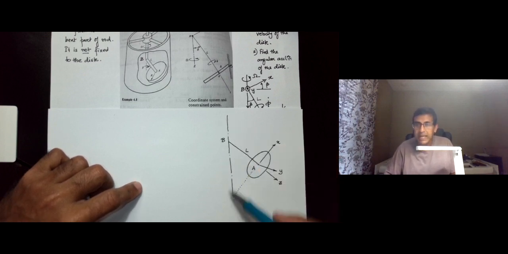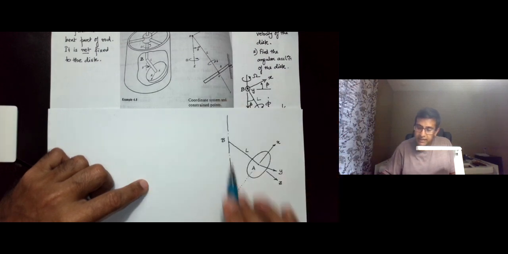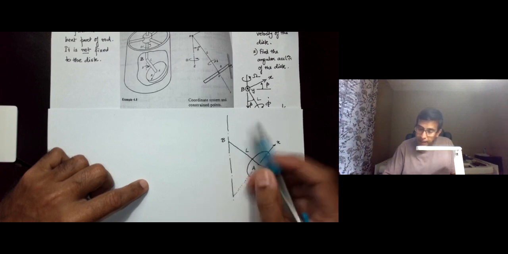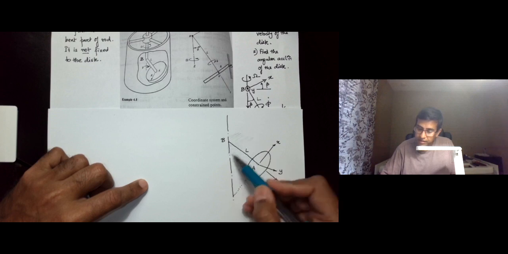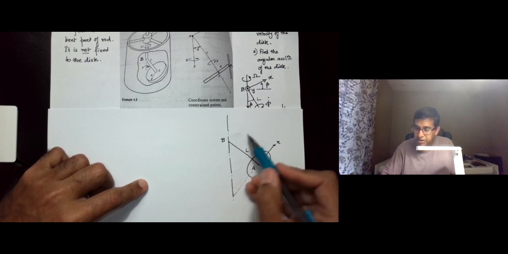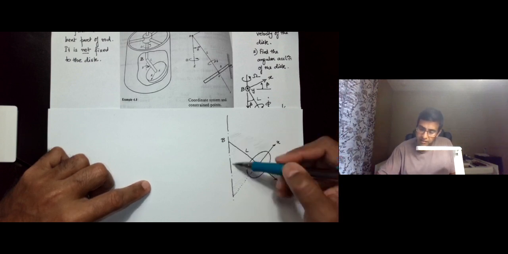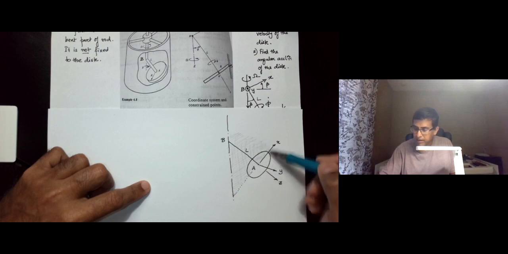And between the x-axis and the axis of the cylinder, it would form a vertical plane. So we can say that this shaded plane is a vertical plane. Okay.